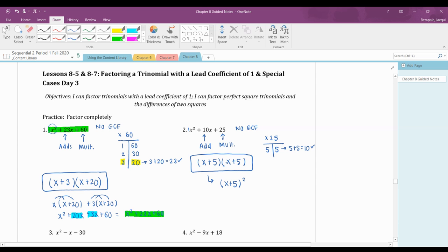I would just leave it as the binomial times the binomial. You don't have to write it as quantity squared, but I want to tell you that that's what it represents when we talk about perfect square trinomials in my objective. You end up with the same binomial being multiplied by itself, so it's technically that one binomial quantity squared.